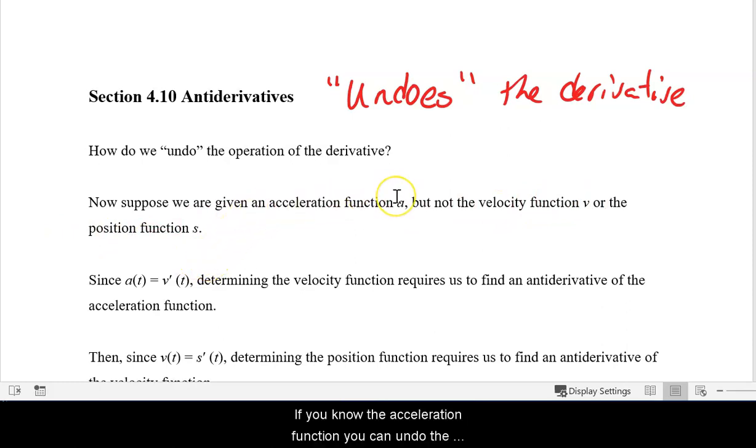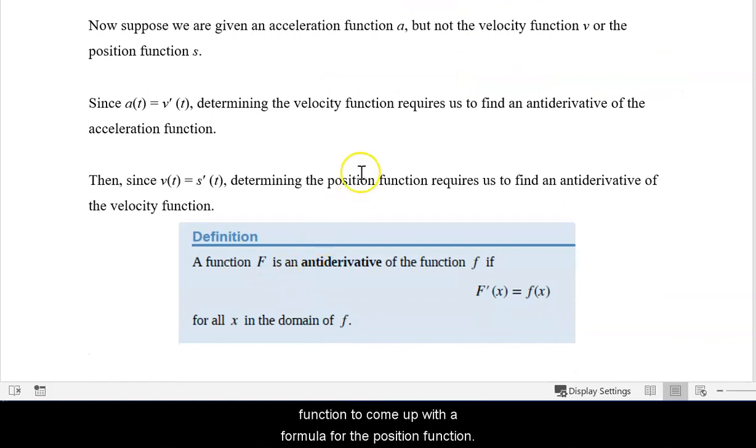If you know the acceleration function, you can undo the derivative to get to the velocity function. And then you can undo the derivative on the velocity function to come up with a formula for the position function.